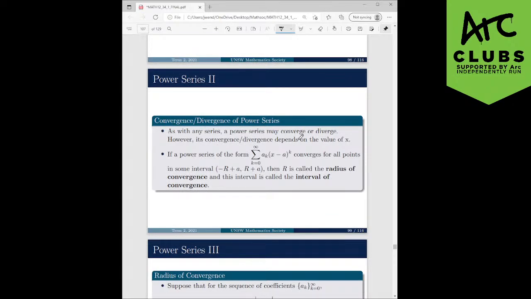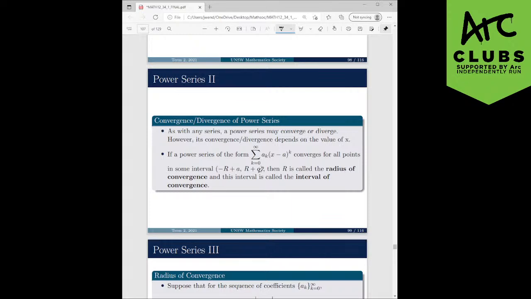Okay, so this one's actually pretty specific. It doesn't have 6 million tests to memorize for a series convergence. What we have here for the power series: a power series always looks like this infinite series form, because that's the definition of the power series. It will converge for all points in the open interval negative r plus a and r plus a, or you can think of it as a minus r, a plus r.